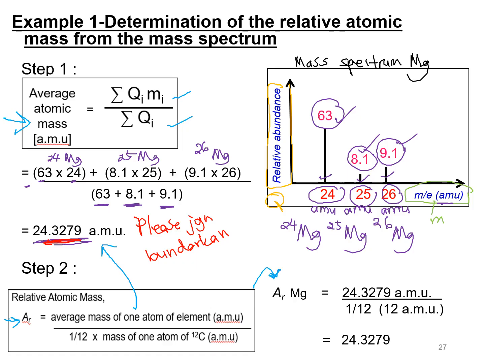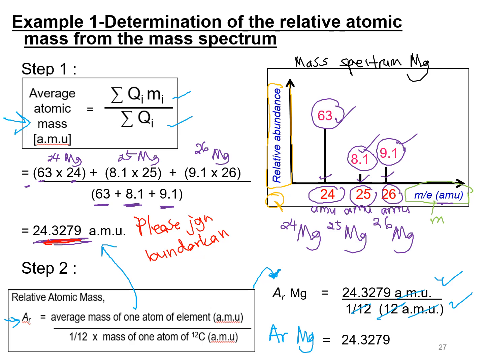Nak kira relative atomic mass of magnesium is equals to average atomic mass yang kita dah kira tadi, bagikan dengan 1/12 kalikan dengan carbon-12 atom punya mass. Okay, so basically AMU akan cancel out with AMU, 12 cancel out with 12, and you will get your relative atomic mass untuk magnesium adalah 24.3279.